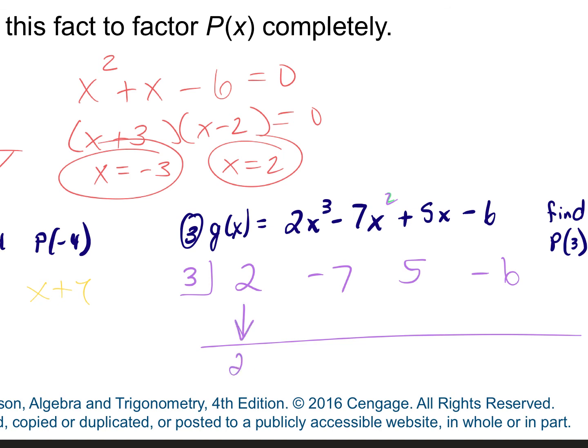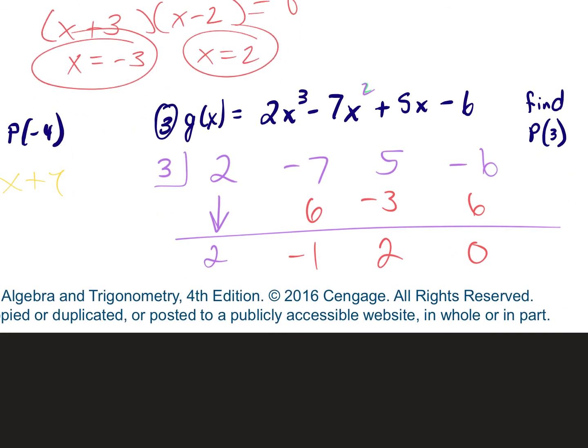So bring down the 2. What is 2 times 3? 6. And negative 7 plus 6 is? Negative 1. Perfect. So go to the corner. Negative 1 times 3 is? Negative 3. What's 5 and negative 3? 2. What's 2 times 3? 6. What's negative 6 and positive 6? 0.